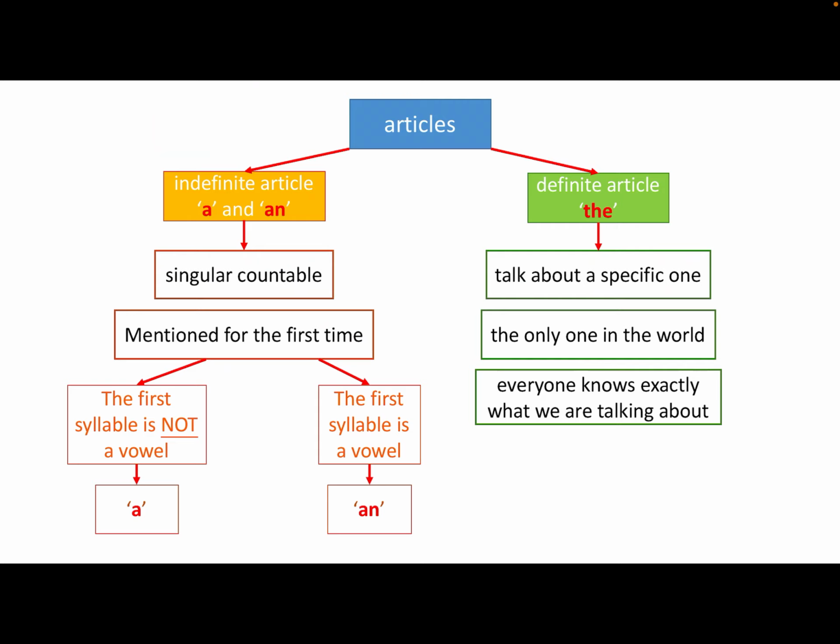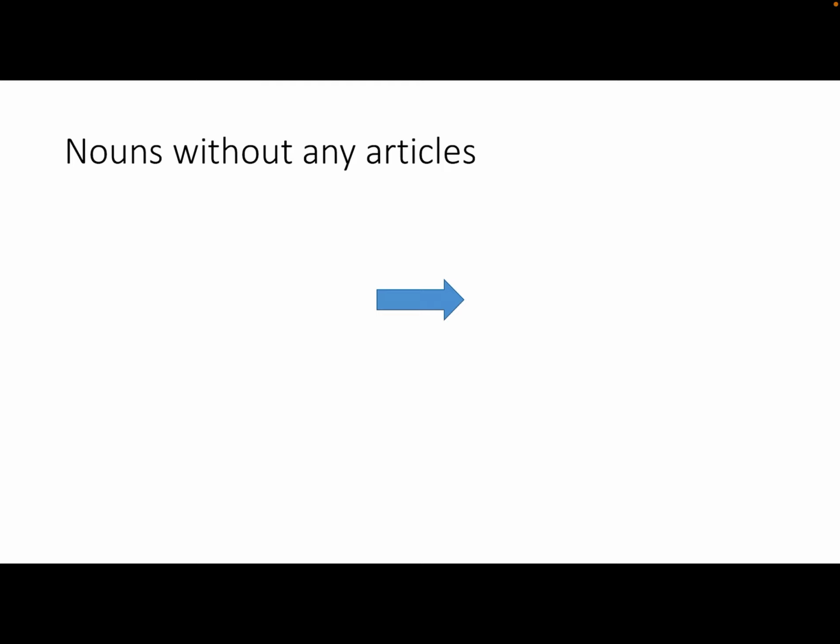We also use the when there is only one in the world, or everyone knows exactly what we are talking about. For example, the sun, the principal of our school. Please note that the definite article the can be used before all nouns, both countable and uncountable nouns, as long as we want to specify which one we are exactly talking about.